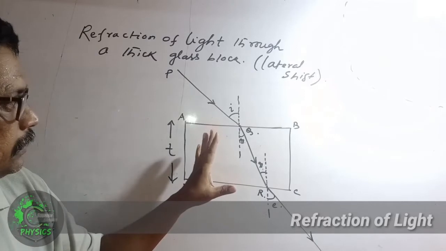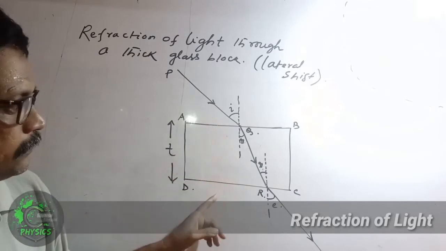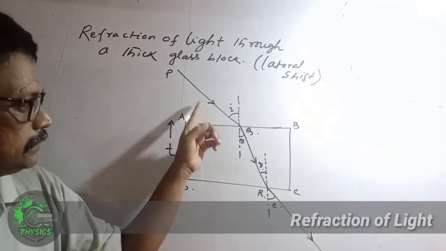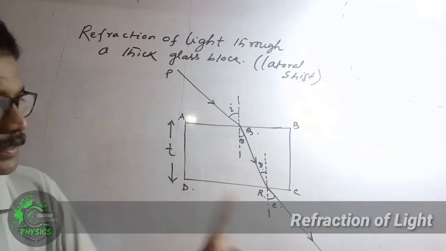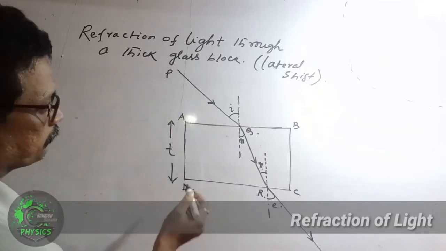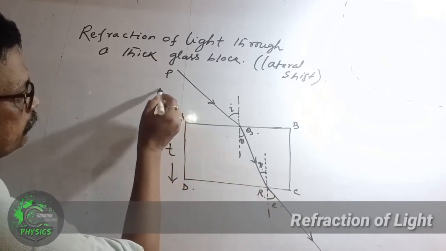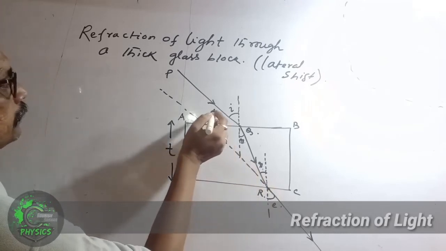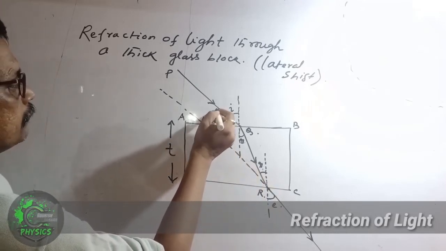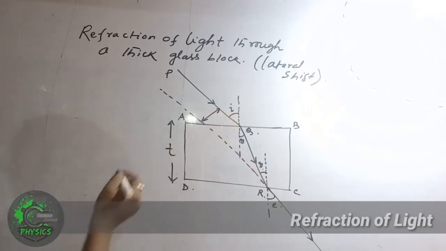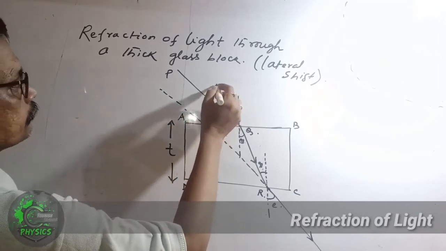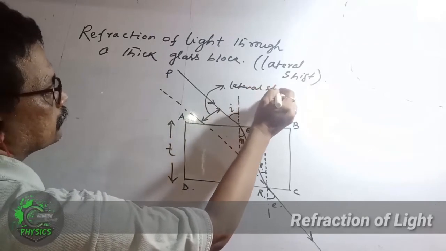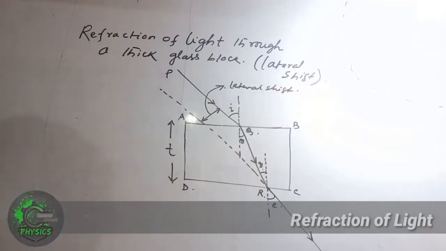You have to remember, if the two refracting surfaces are parallel to each other, then the incident ray and emergent ray are also parallel to each other. If we produce the emergent ray backward, then this perpendicular distance is called lateral shift or lateral displacement.